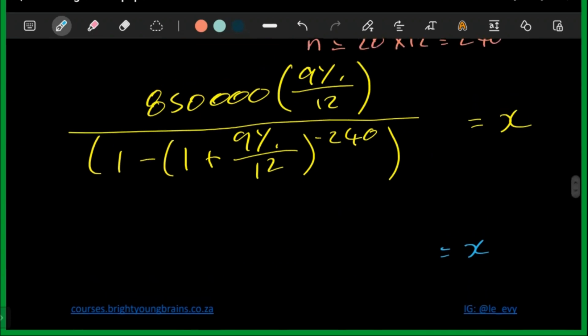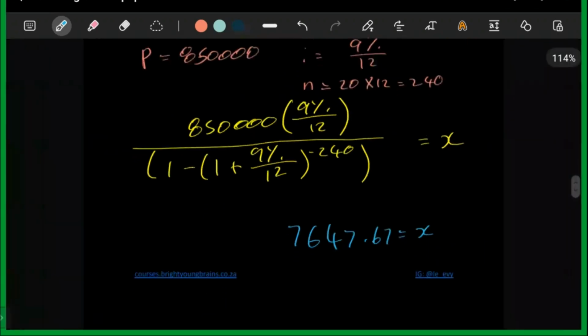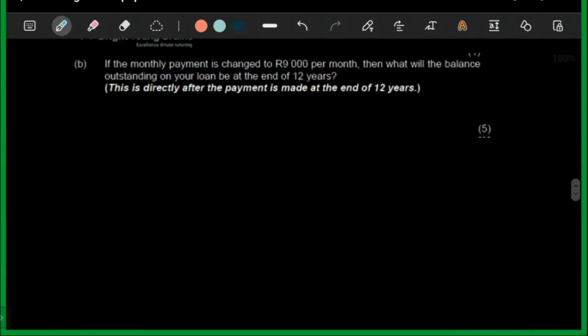It's all good. Everything's all the same. So x in the calculator is 7,647.67.